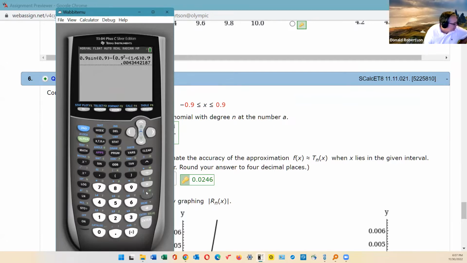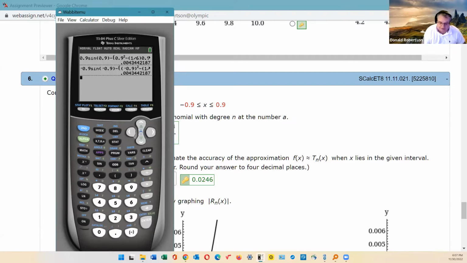Then subtract 1/6 of negative 0.9, again in brackets, to the power of 4. And I get 0.00434.